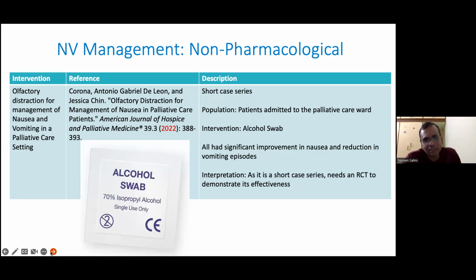However, I would take this study with a pinch of salt because this is a very, very small case series. This is not a prospective longitudinal study, not an observational study, not an RCT. It's a short case series. So what it says is that this evidence is available for somebody to study in detail, but I would not take it as evidence for use.